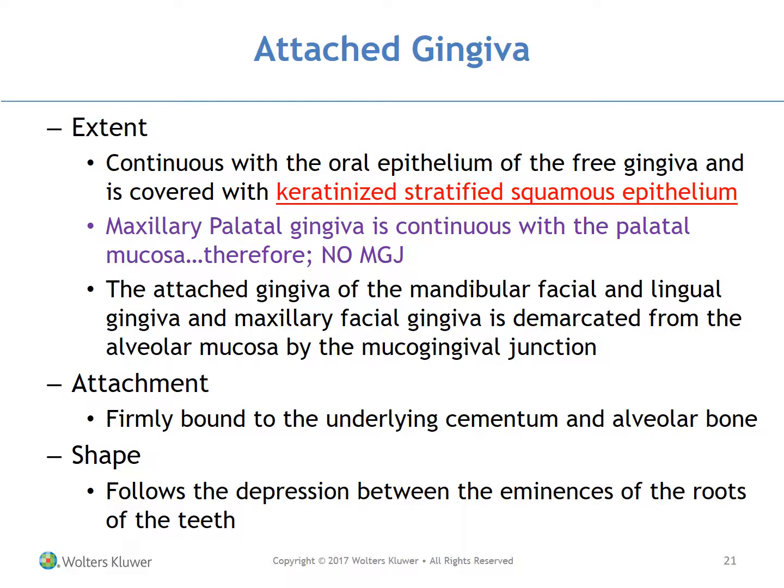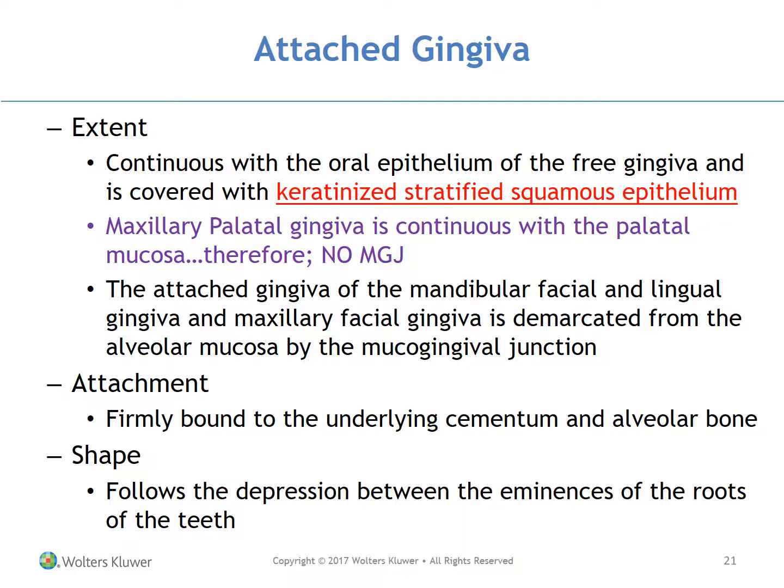The extent of the attached gingiva is continuous with the oral epithelium of the free gingiva and is covered with keratinized stratified squamous epithelium. The maxillary palatal gingiva is continuous with the palatal mucosa. Therefore, there is no mucogingival junction.